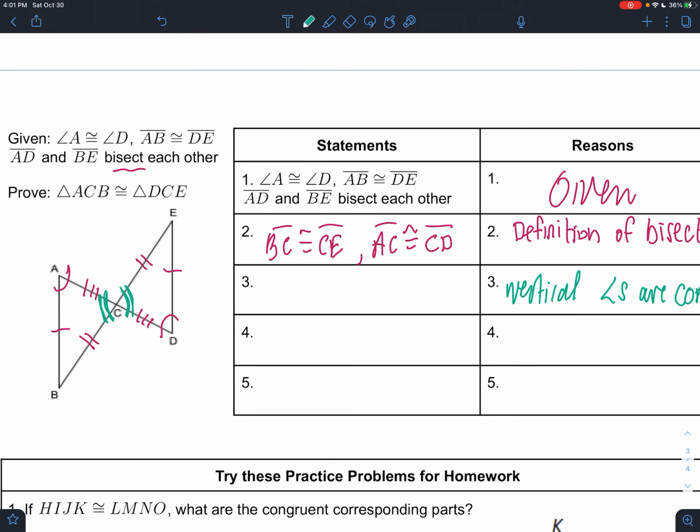So how do you want to label them? Well, I'm not a huge stickler when we're doing two-column proofs about using the right order, but how about ACB is congruent to DCE?